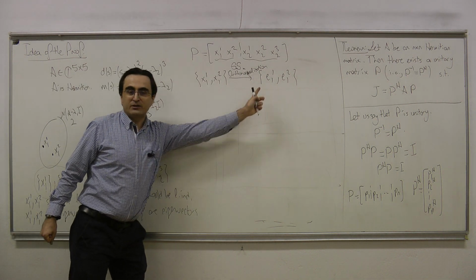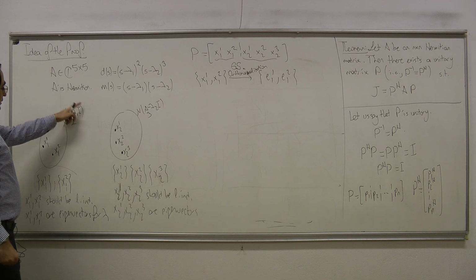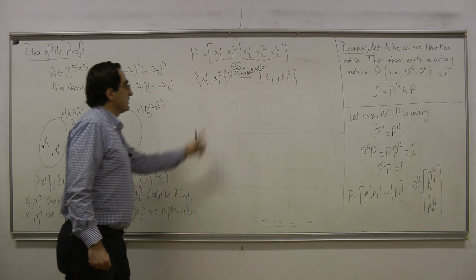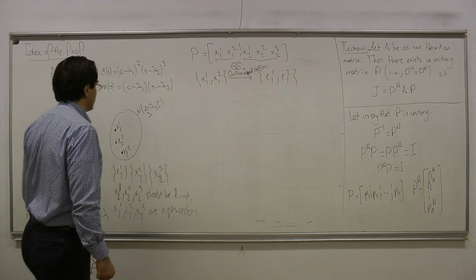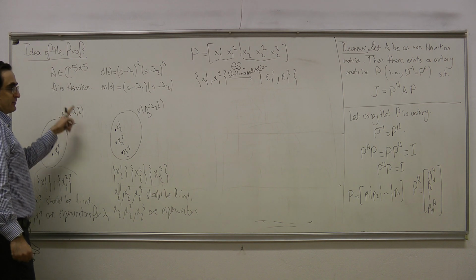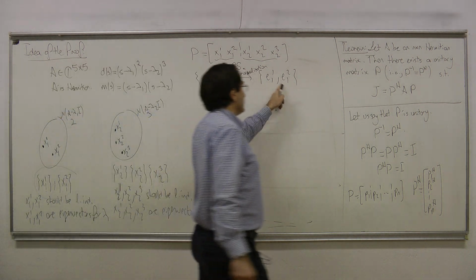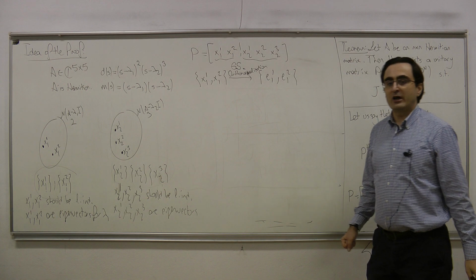So these are again eigenvectors belonging to the eigenvalue lambda 1 because the span of these two sets are the same. Span is this null space, and these two vectors would be orthonormal to each other.